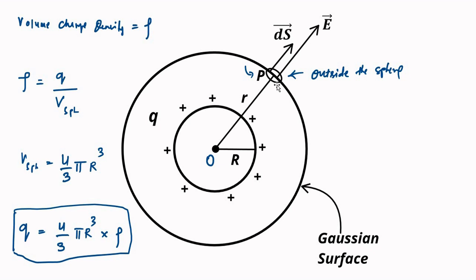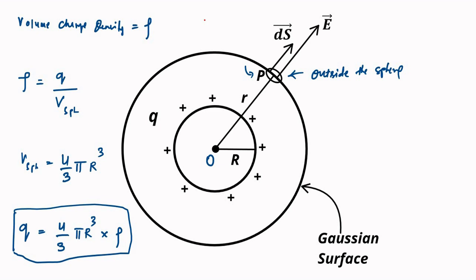Now if we consider this small area here at the point P, then the area element vector is directed perpendicularly outwards, and we know that the electric field vectors are always directed away from the positive charge.